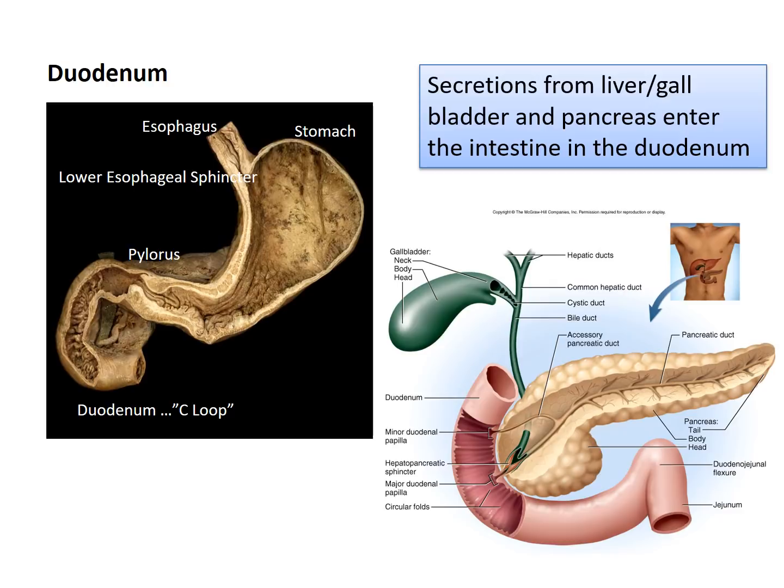So again, we can see the anatomy of the stomach, pylorus, and the C loop of the duodenum. Ducts from the gallbladder and from the liver are going to carry bile into the duodenum, and the pancreatic duct carrying pancreatic juices and pancreatic digestive enzymes are also going to come through a duct and end up in the duodenum.